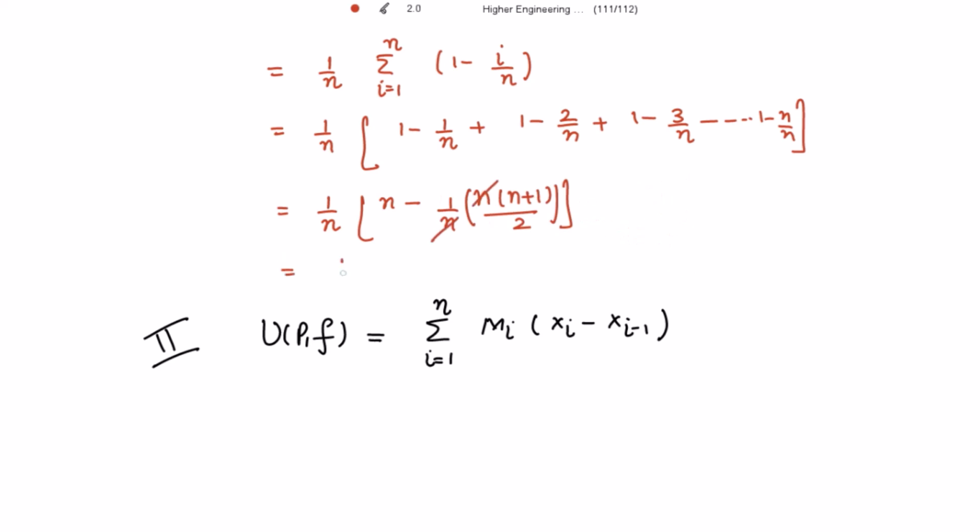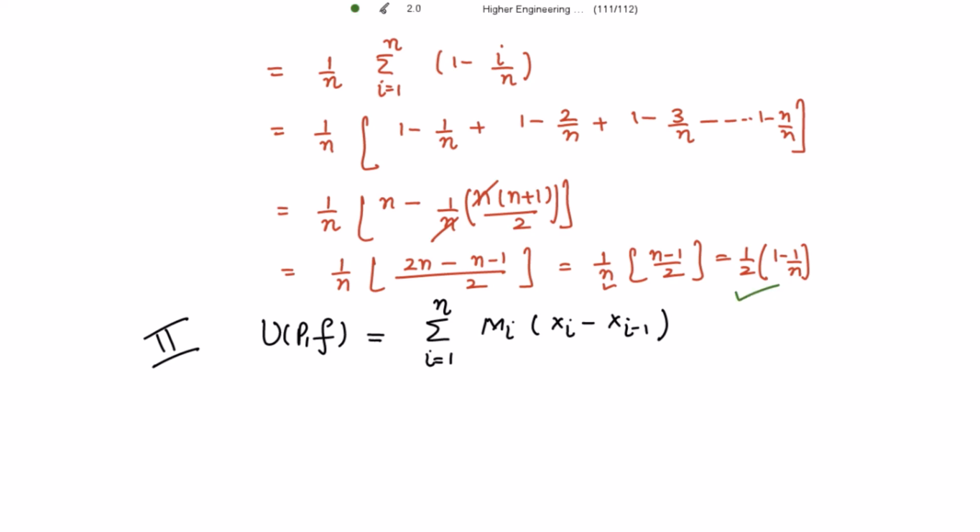This is further equal to 1 by n into 2n minus n minus 1 divided by 2, that is equal to 1 by n into n minus 1 divided by 2, or you can also write this as 1 by 2 into 1 minus 1 by n. I have taken this n to the denominator of n minus 1. So we get the lower Riemann sum to be equal to 1 by 2 into 1 minus 1 by n.